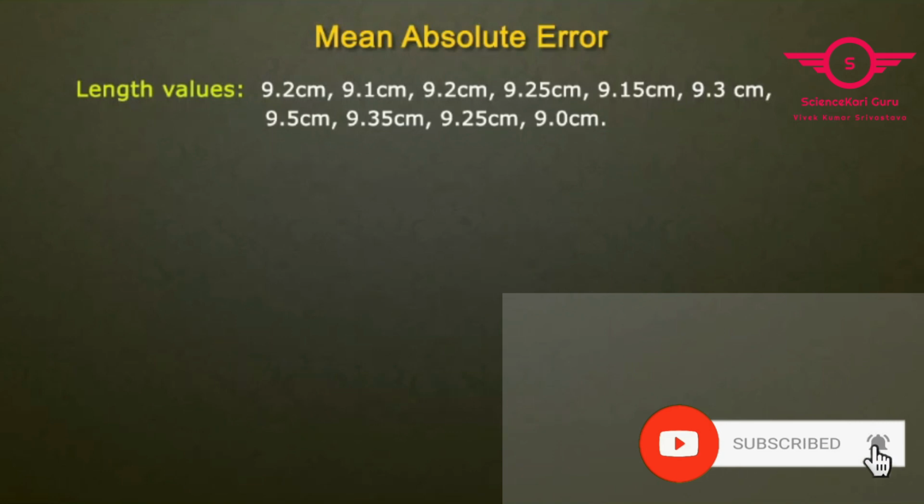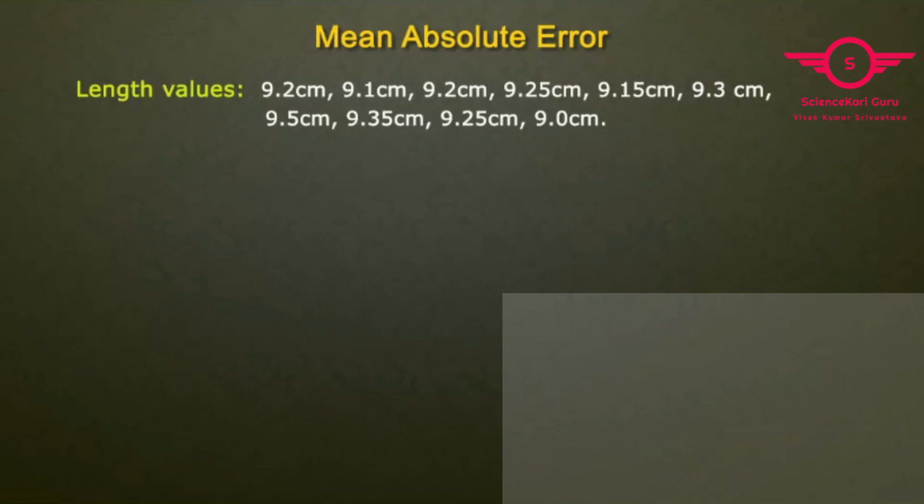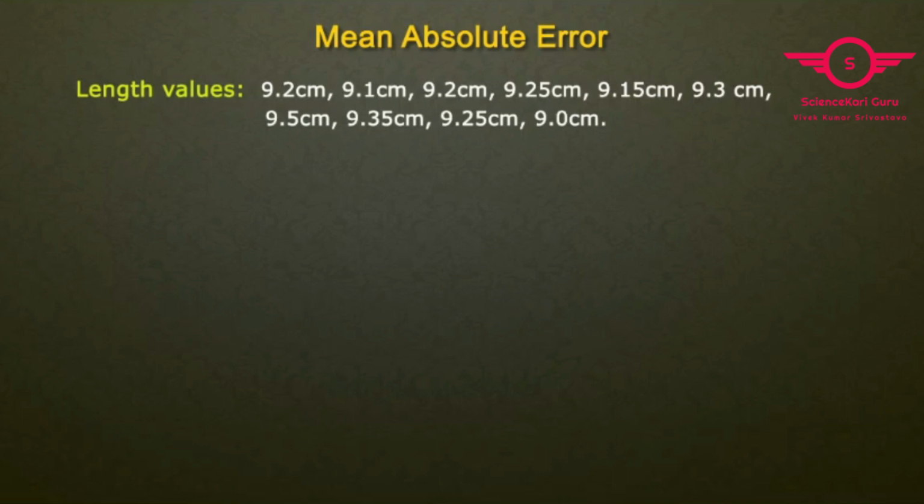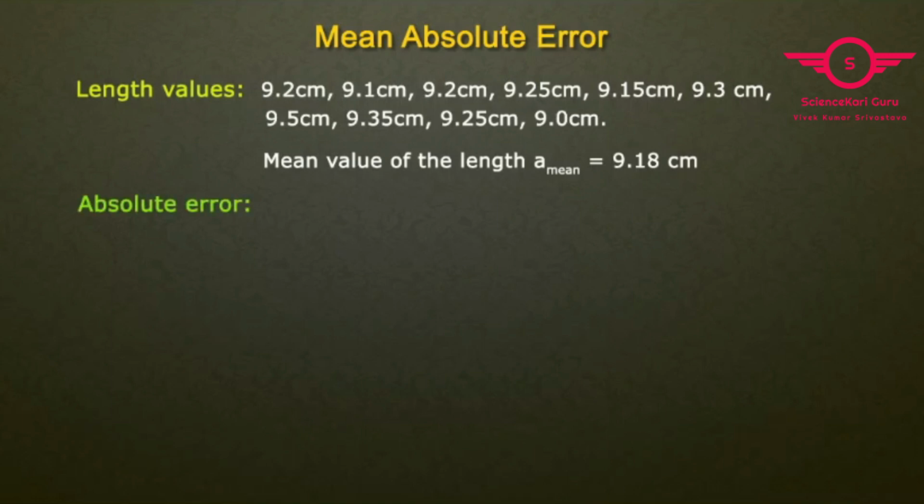The length values 9.2 centimeter, 9.1 centimeter, 9.2 centimeter, 9.25 centimeter, 9.15 centimeter, 9.3 centimeter, 9.5 centimeter, 9.35 centimeter, 9.25 centimeter, 9.0 centimeter. Find the absolute error of each observation. Mean value of the length, A mean, is equal to 9.18 centimeter.